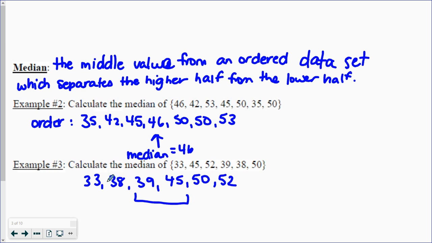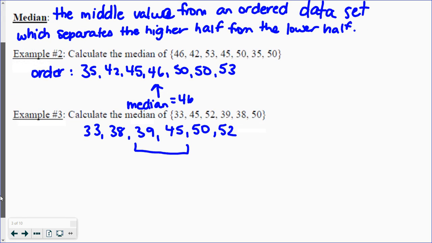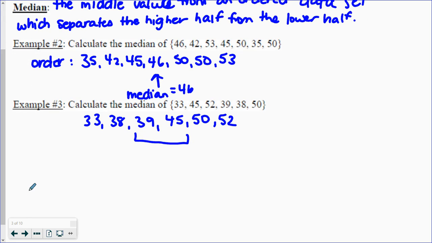So we have 2 numbers below that, 2 numbers above that. So we need the middle point between those 2 numbers. So what we need to do is take the mean of these two to find the median.